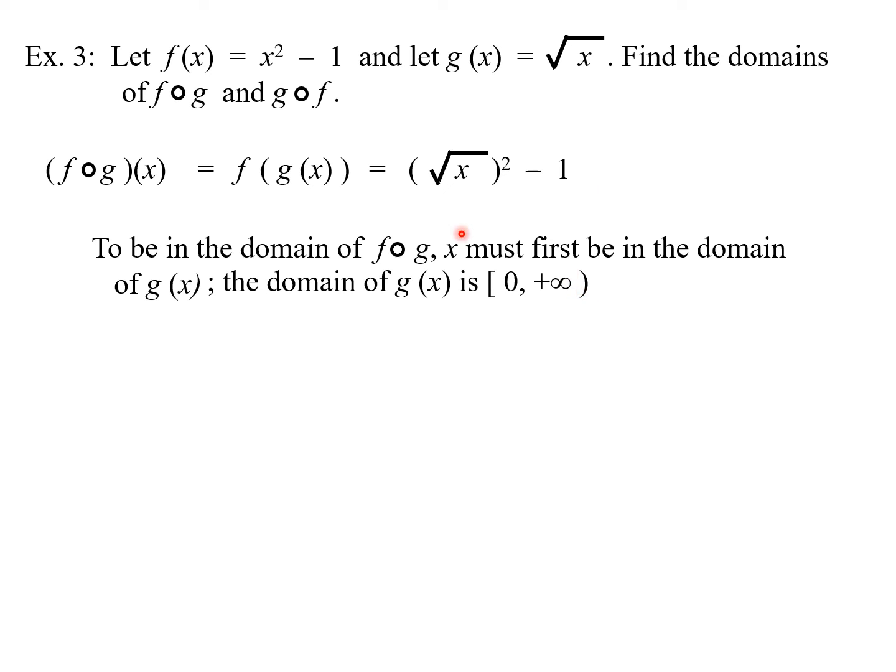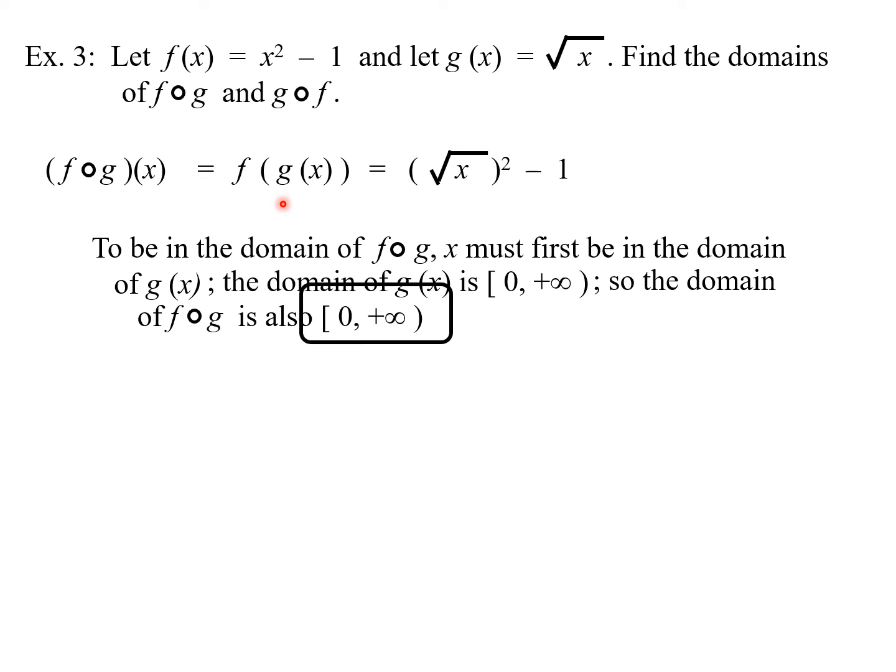So because of that, the domain of f of g of x must be that restricted domain, 0 to positive infinity. Now you could simplify that to the square root of x squared, and you could get x minus 1, but the domain of that is all real numbers. So that's a little bit misleading, so it's better to leave it written as this to denote the restricted domain of g.